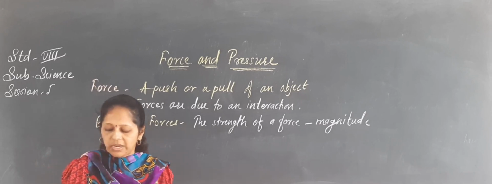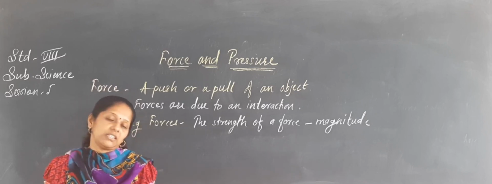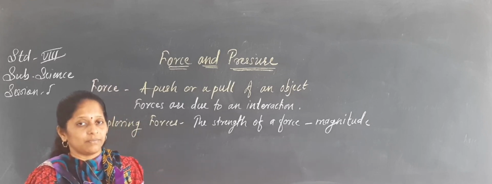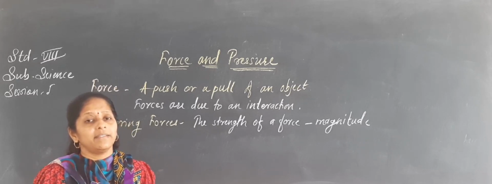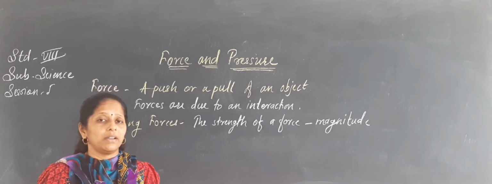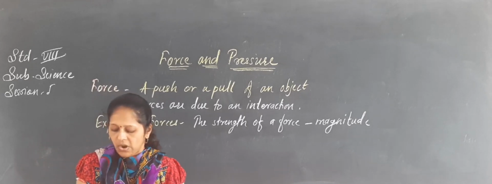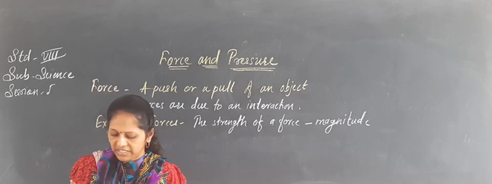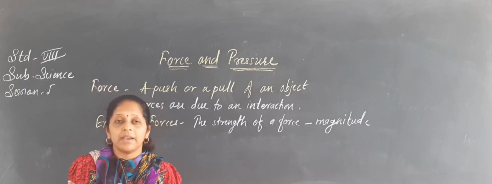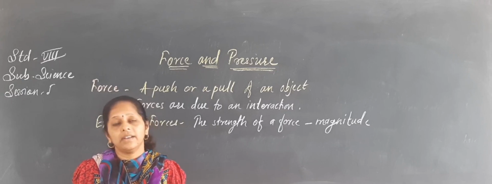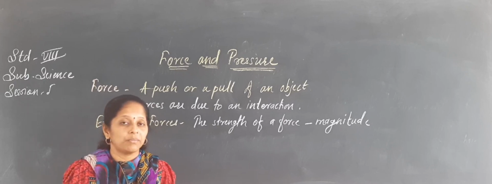In all these situations, the ball is either made to move faster or slower, or its direction of motion is changed. See, all these instances are there: the football is kicked with the leg, the hockey player changes the direction of the moving ball with the stick, and the fielder catches the ball from the batsman and stops it from moving.